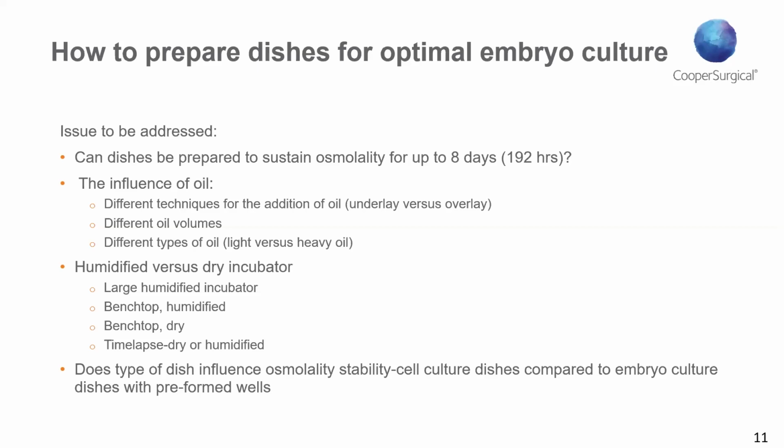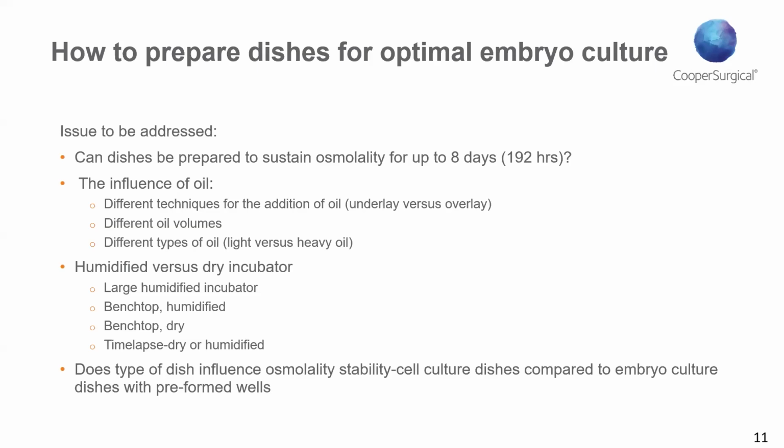We'll talk about oil later, but we need to think about how we add the oil, how we add the drops. What difference does oil volume make to the outcome? And different types of oils may have different effects in different scenarios. Then, as I mentioned, we've got to think about the incubators themselves. We always traditionally used humidified incubators, but there has been a move over the last few years to dry incubators, which have their own issues.